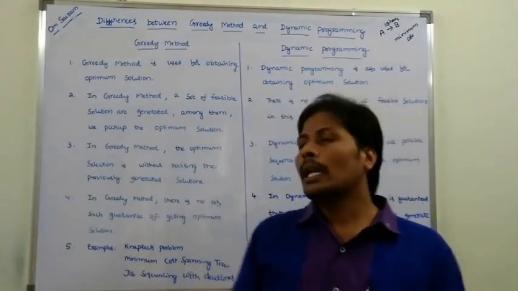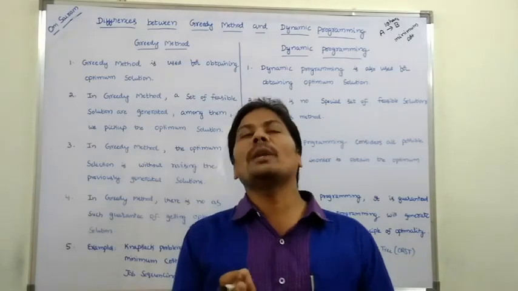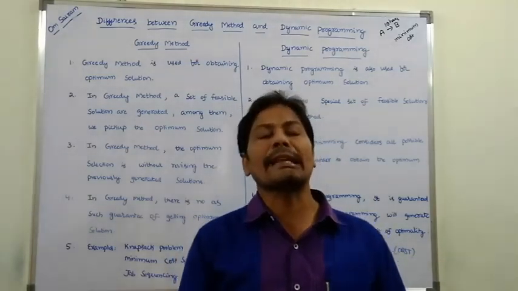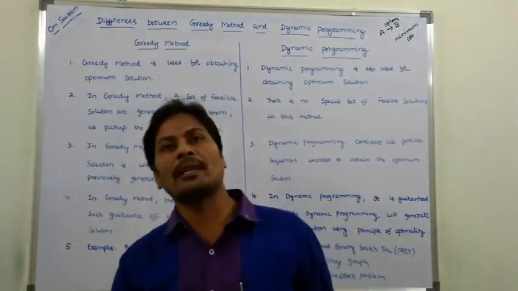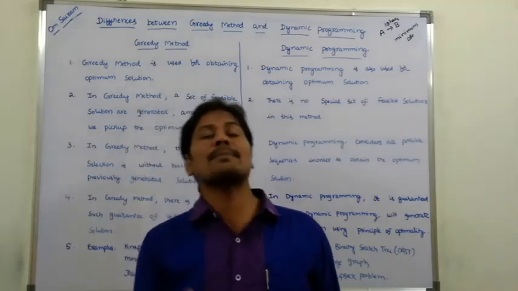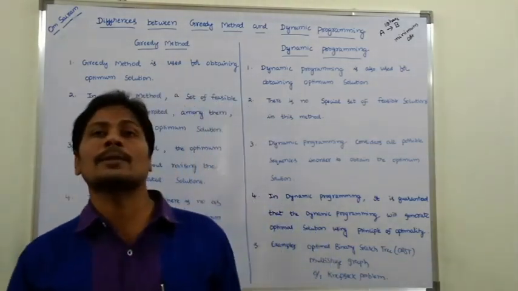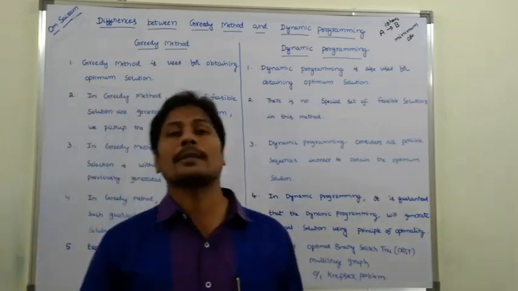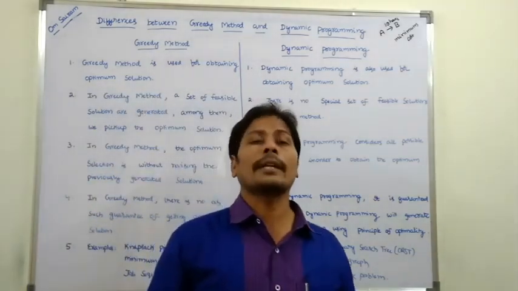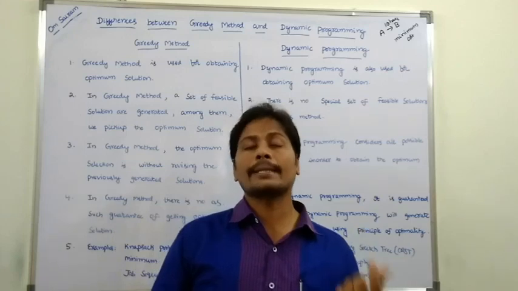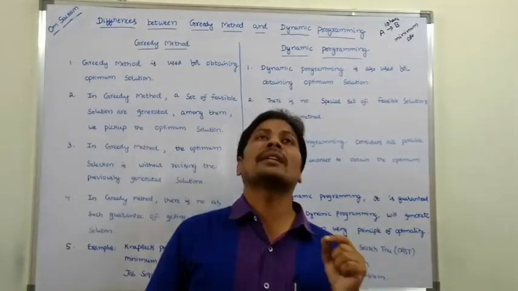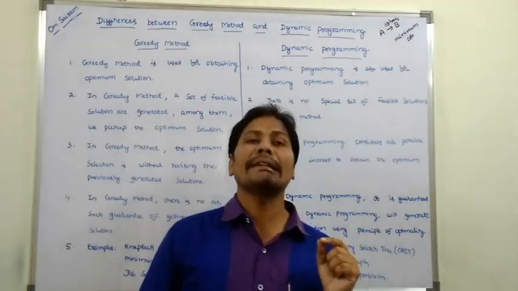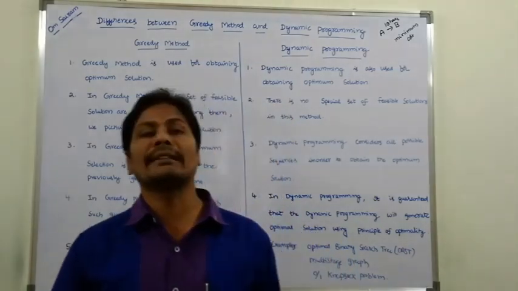Next, in a greedy method, we cannot guarantee that we will get the optimal solution. Sometimes we may get the optimal solution, sometimes we may not. Because of that reason, we say that greedy method does not guarantee an optimal solution.